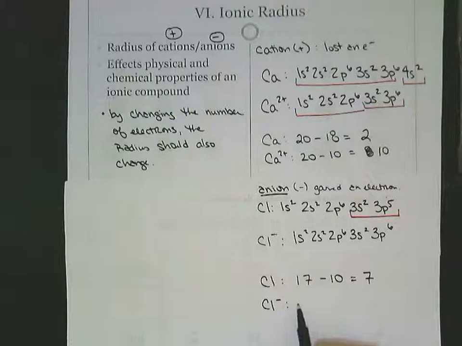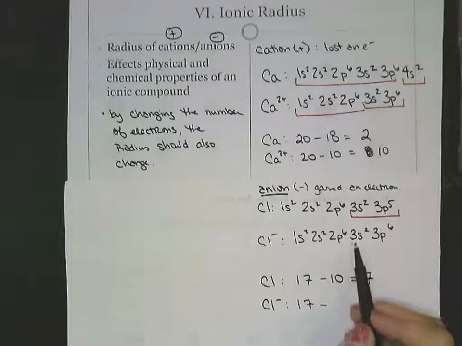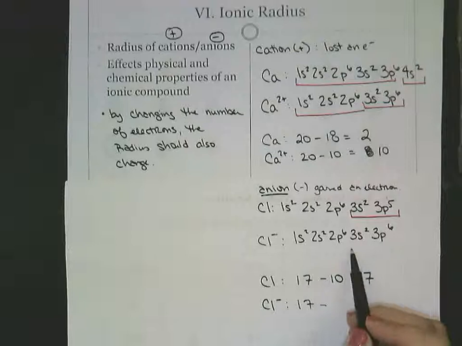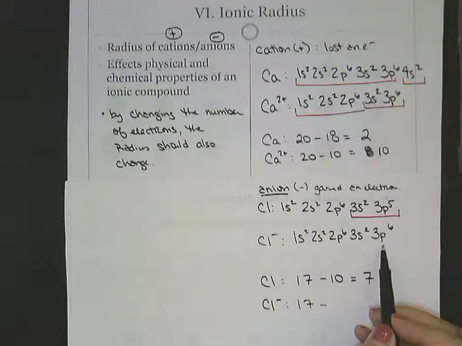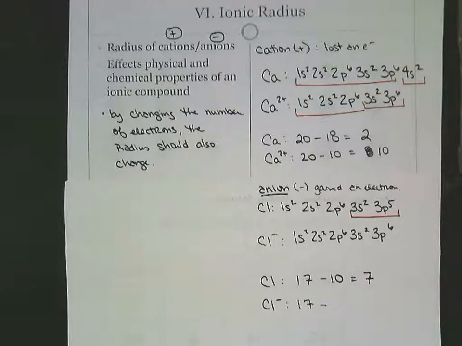So again, total number of protons, 17. Now this is where it gets a little different, right? Because now everybody's full. So the number of valence electrons is 0, sort of. This is where it's not a great argument, in that these are technically all in the largest shell, but they're not going to act like regular valence electrons. They're going to look like a noble gas. So if it's acting like a noble gas, is it going to be reactive? Not in its current state.